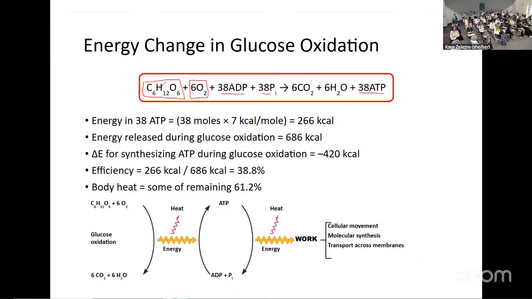And if we focus on what happened to that glucose and oxygen, we can see that in this process, they've broken down into carbon dioxide. So there were 6 carbons in our glucose molecule, so 6 carbon dioxide. We can breathe out carbon dioxide. This is why we breathe out carbon dioxide, right? You're eating carbs, you're breaking down the glucose.